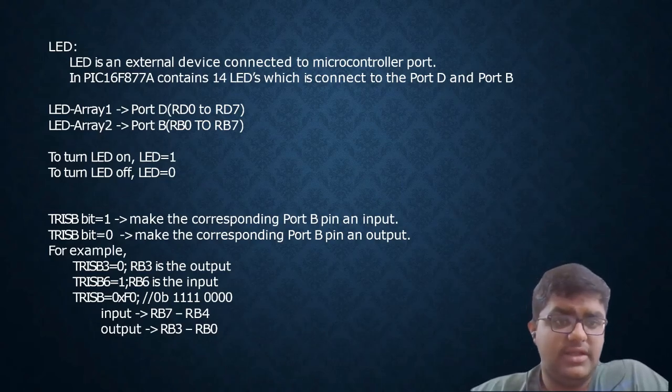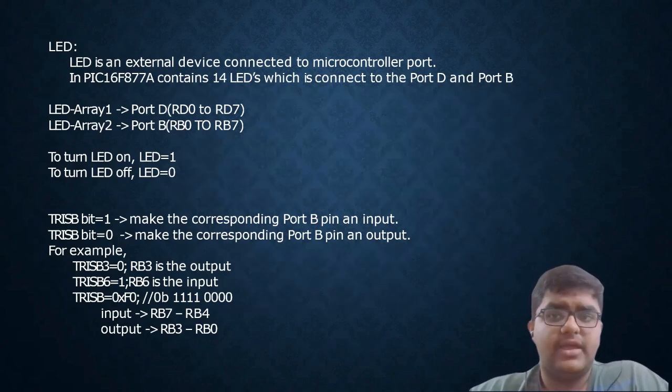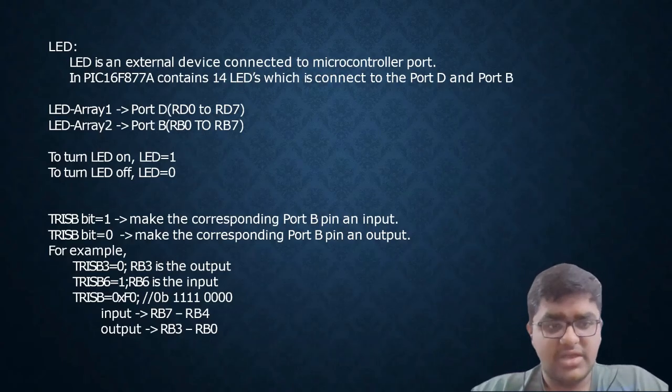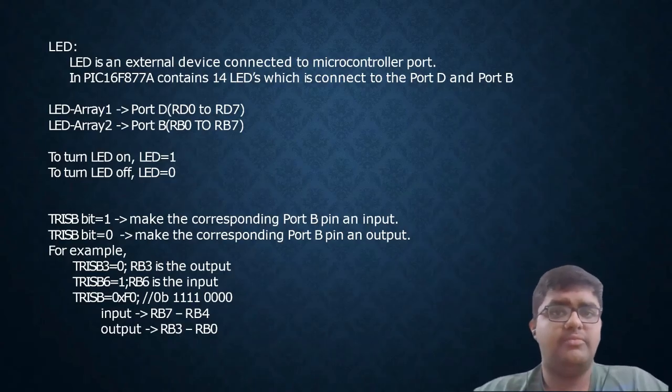LED array 1 is port D, RD0 to RD7, and LED array 2 is port B, RB0 to RB7. To turn an LED on, LED is equal to 1, and we can use basic hex numbers to define all the 8 together. TRISB is used to define the outputs or inputs at port B. If you put TRISB equal to 0, that makes the whole port B output, and TRISB equal to 1 makes the whole port B input.